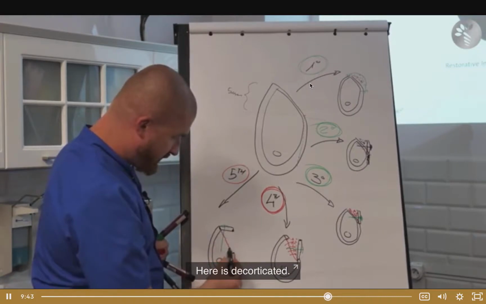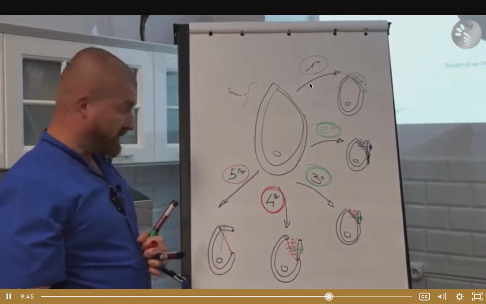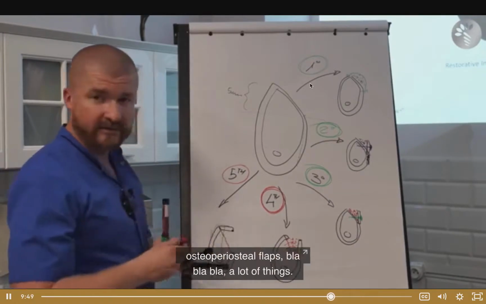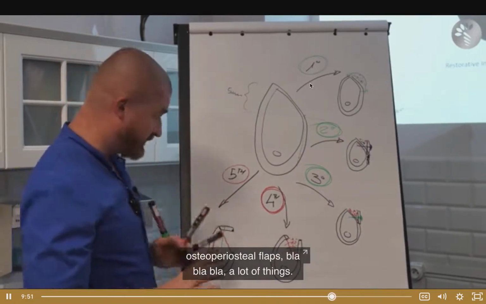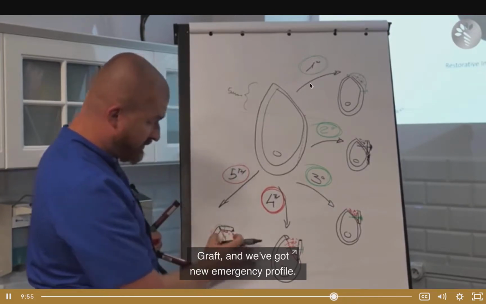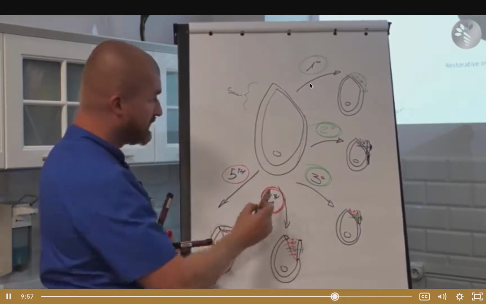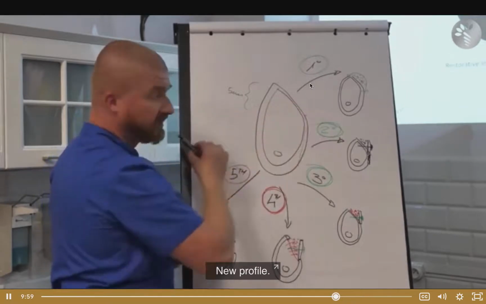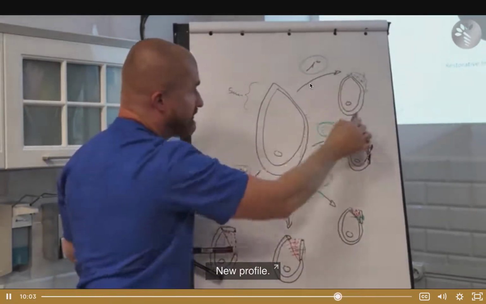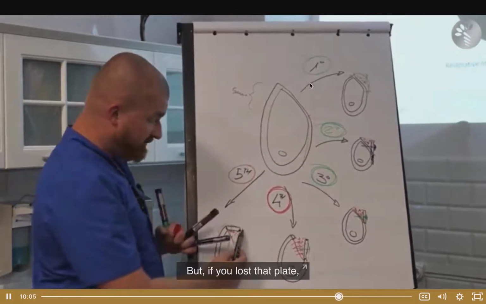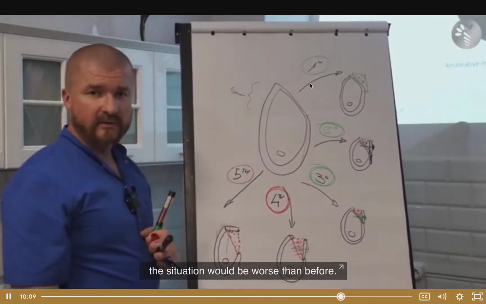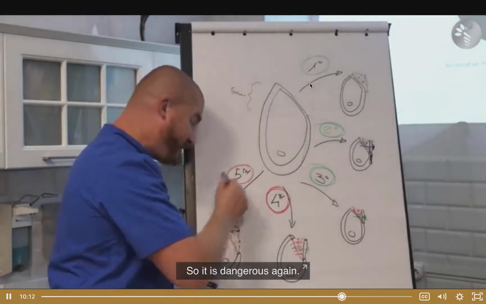Here is the decorticated part, or we can fix it by plate, doesn't matter. We can do osteoperiosteal flaps, a lot of things. Graft, and we've got a new emergence profile. But if we lose that plate, the situation will be worse than before. So it is dangerous again.